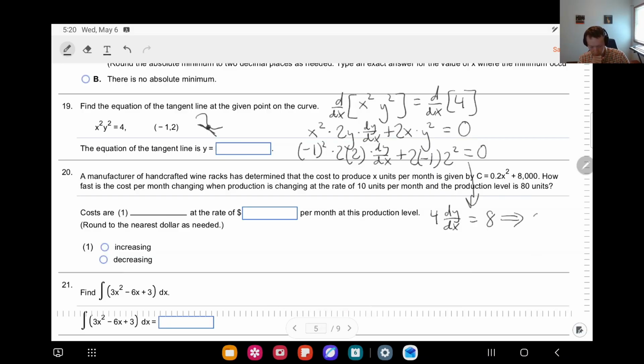Divide by 4. We get dy dx is 2. And I'm really saying dy dx at this point, -1, 2. But that's what matters. So this is the slope of my tangent line, 2. So the slope is 2. My picture's definitely wrong. That's okay. That's just a rough sketch.